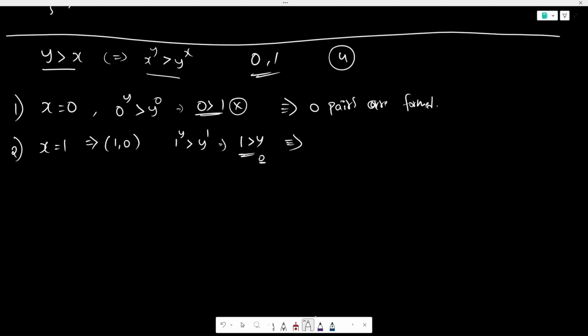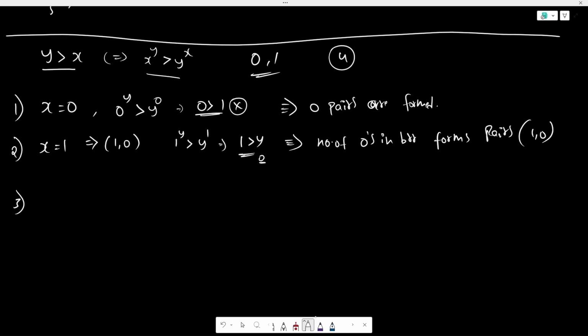That means whenever x equal to 1, the number of zeros in BRR forms pairs. So that pair is 1 comma 0. Apart from 1 comma 0, no other combination of x comma y satisfies this condition, x power y greater than y power x. So let's take one more condition, the third.